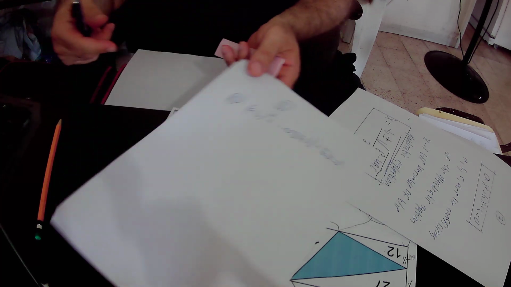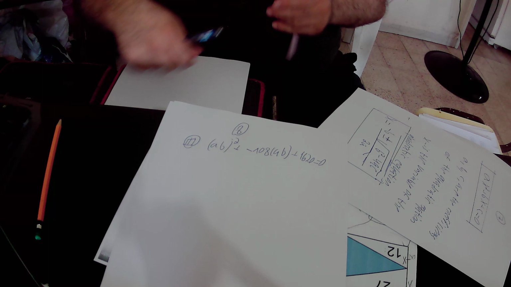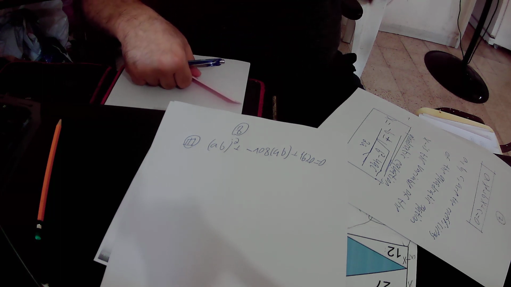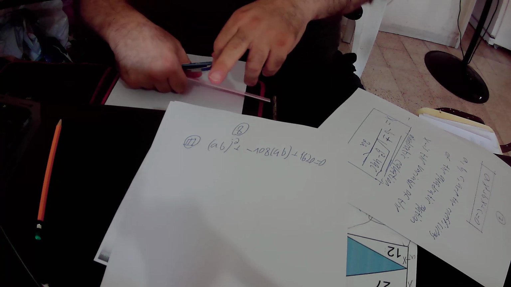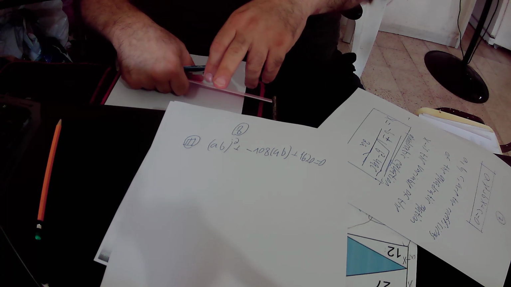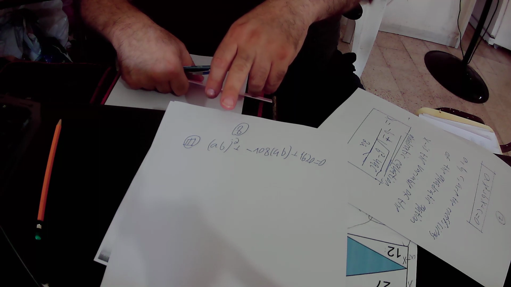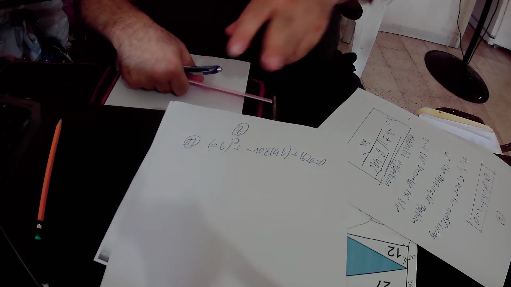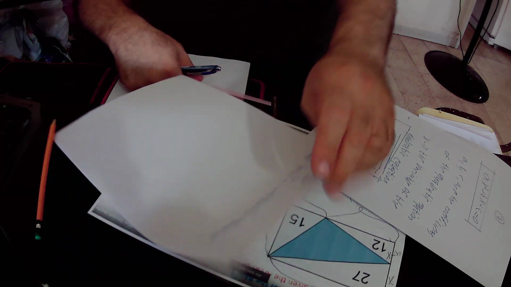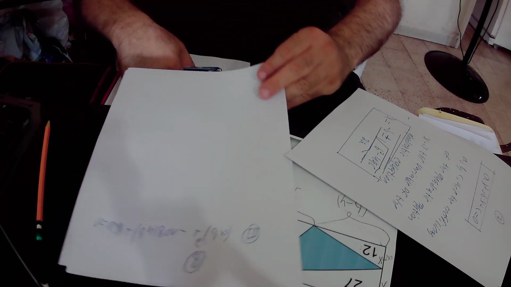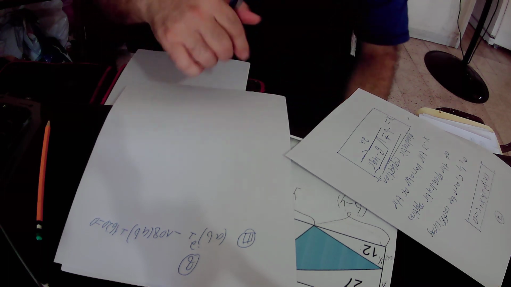This is our quadratic equation, and here we can write AB squared as 1 times AB squared, and this helps us find that a equals 1.